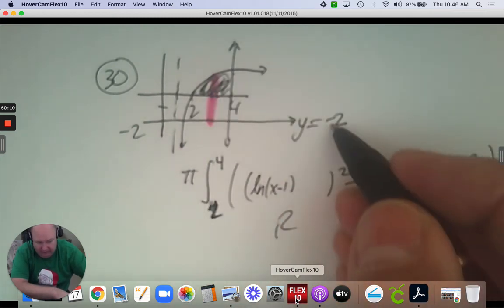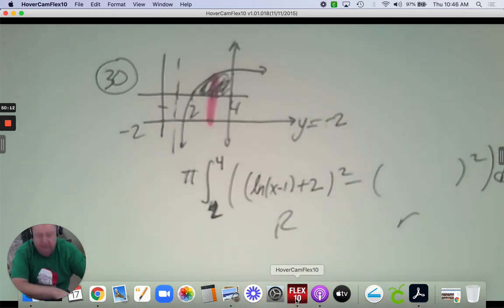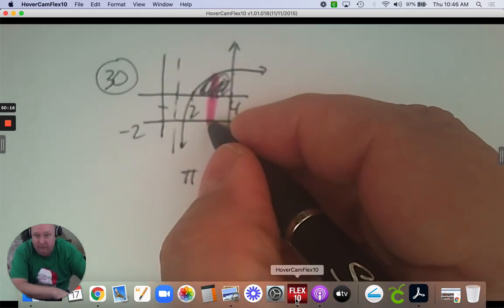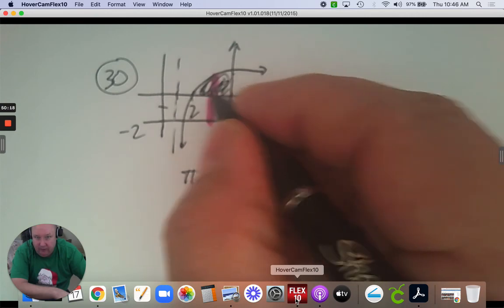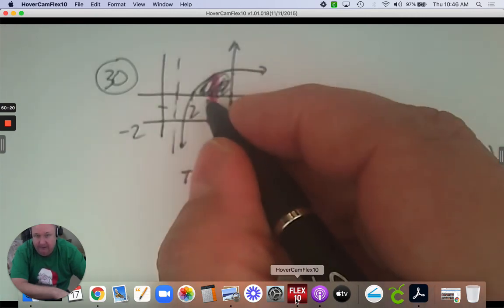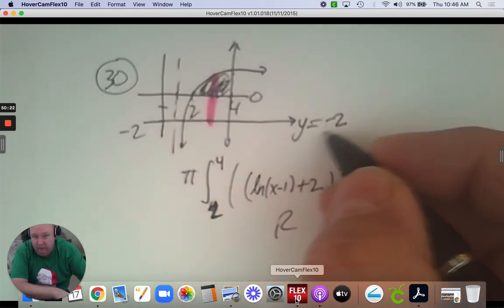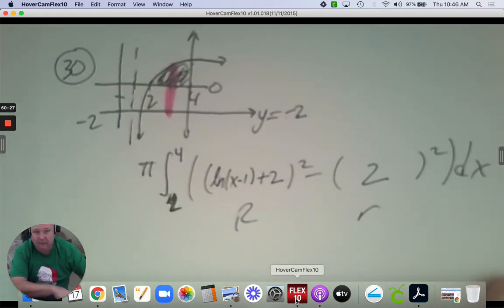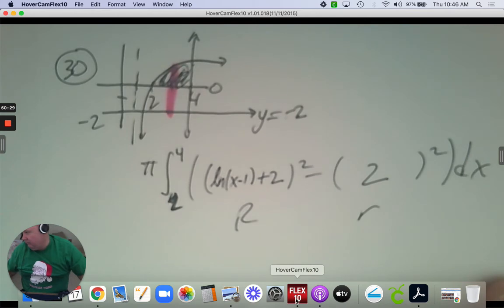So when you subtract a negative, it's really adding 2. That's the big radius. The small radius is from the line of revolution to the bottom of the area. That is just 0 subtract negative 2, or just the radius of 2, and you have the setup to find the washer question.